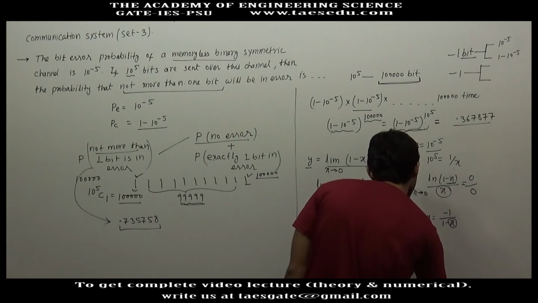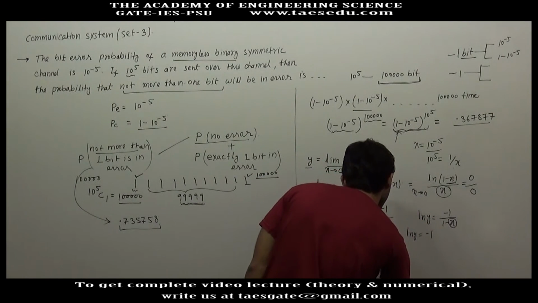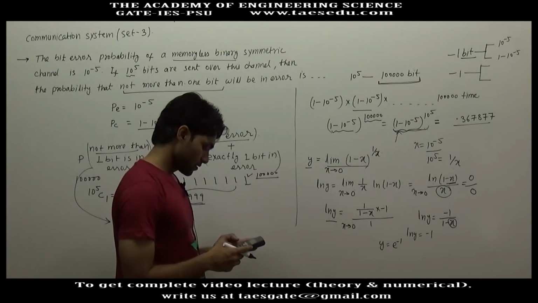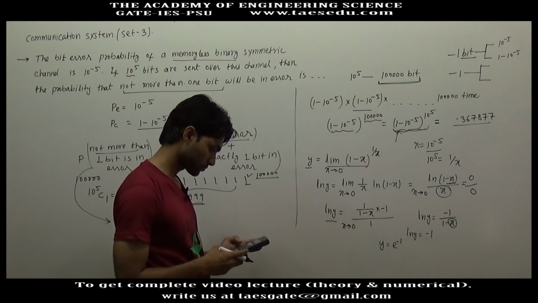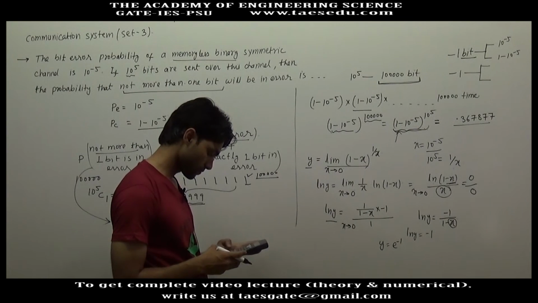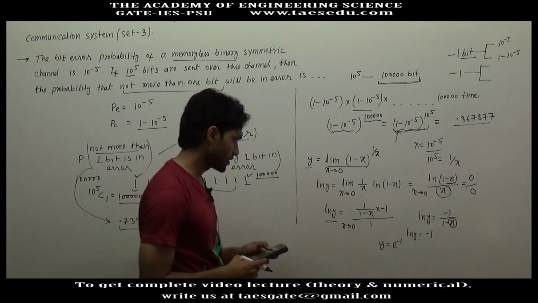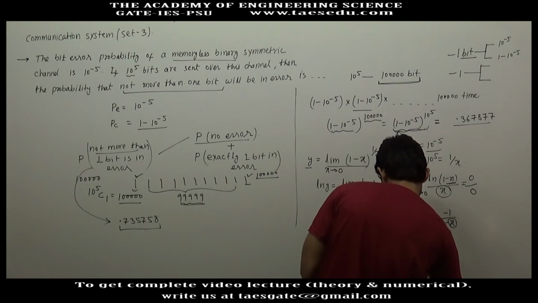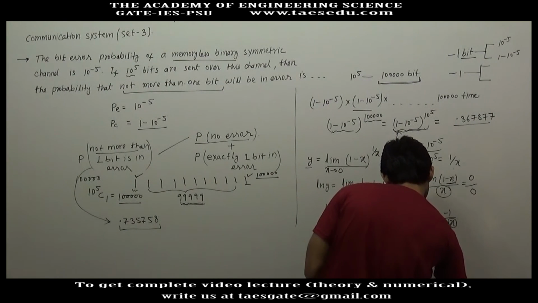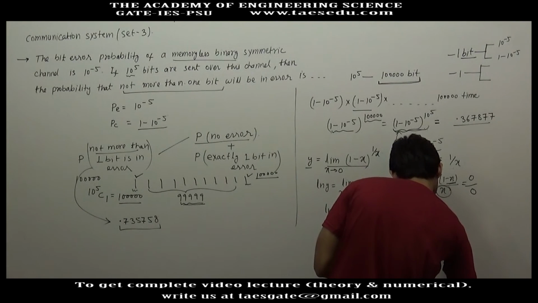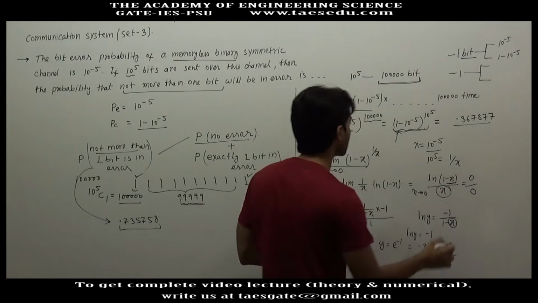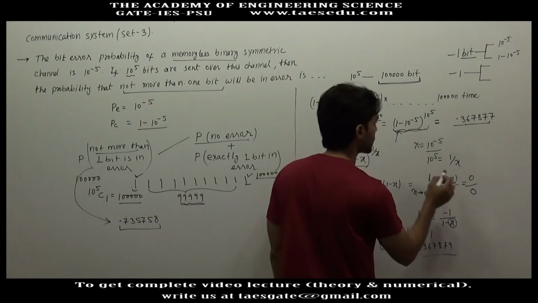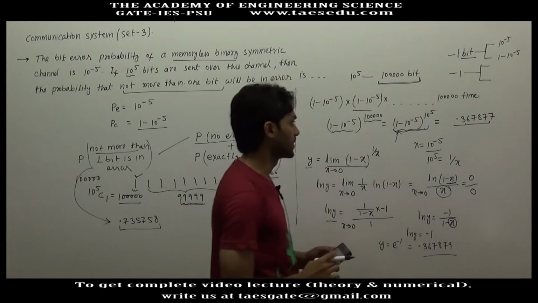So ln y will be minus 1, so y is equal to e to power minus 1. And e to power minus 1 is 0.367879. It is approximately equal to what we have calculated with the help of scientific calculator.